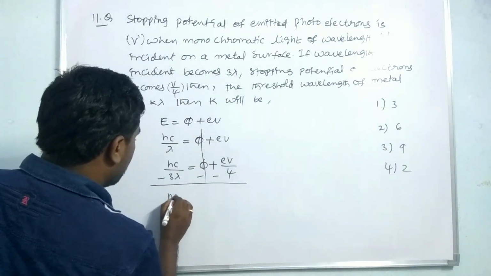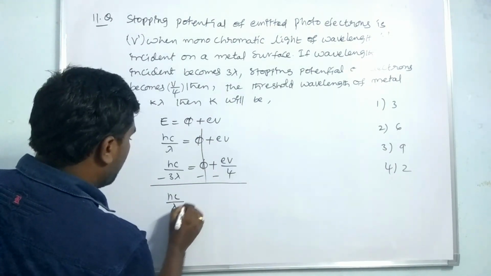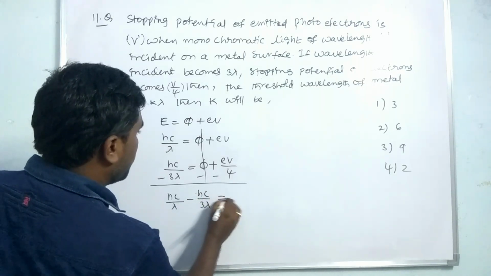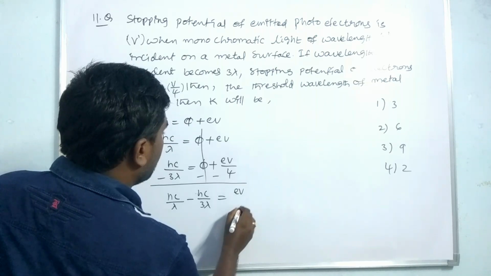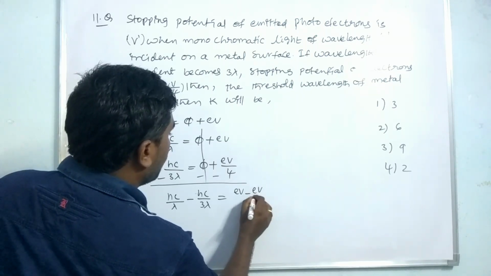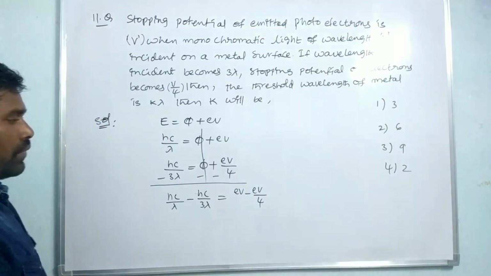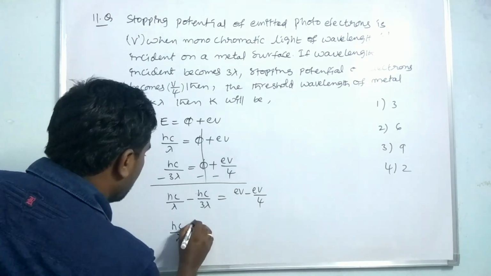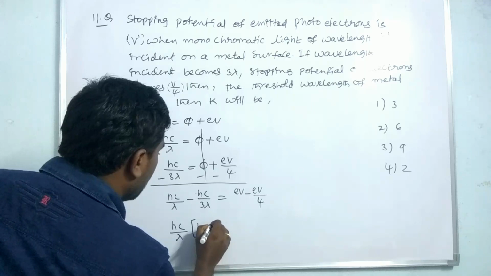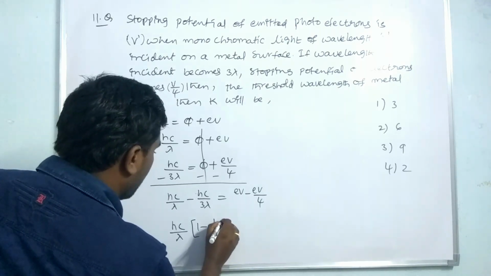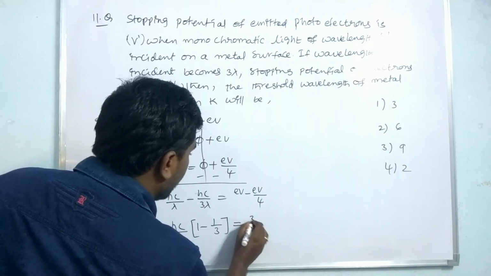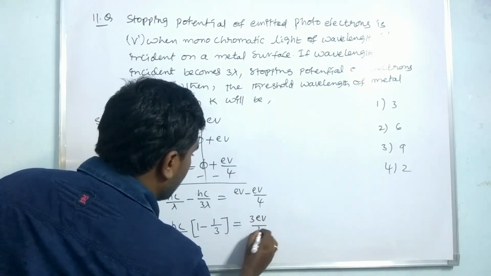Here hc by lambda minus hc by 3 lambda is equal to eV minus eV by 4.